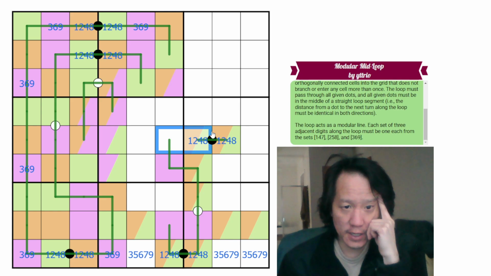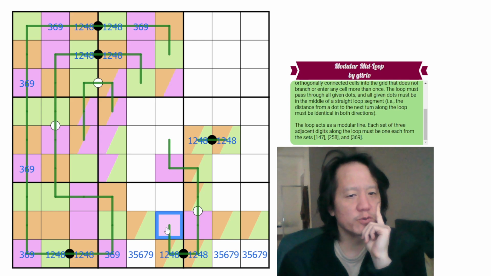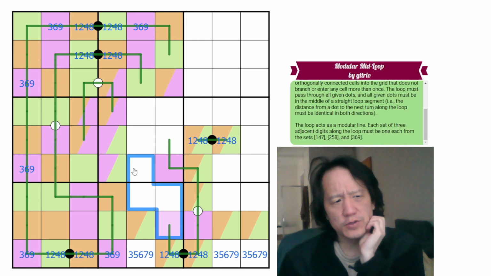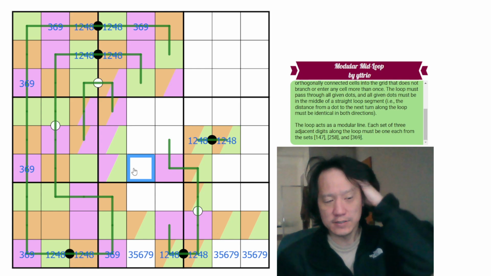And this could not connect that way because we already have a pink and a pink. This would have to be 1, 2, 3, if that goes that way. Or 1, 2, 3 specifically. So therefore, I think both of these have to be pink, if that is the case.